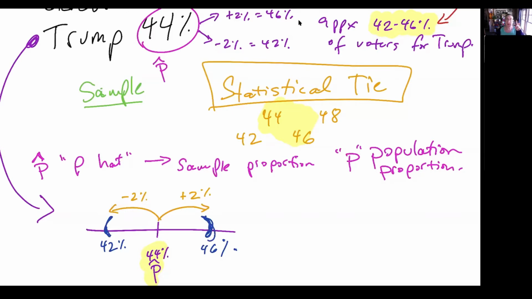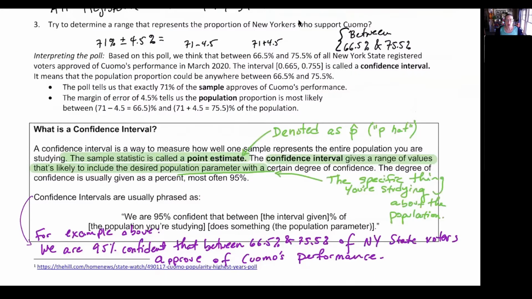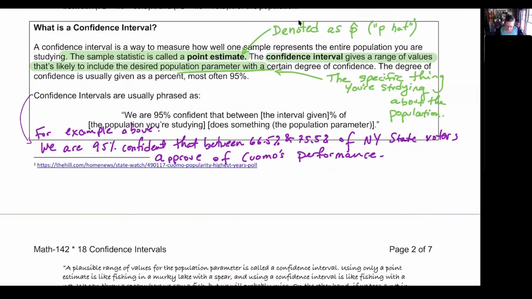Based on this one poll, we can be 95% confident that, of all the likely voters in the US, about 42 to 46% of the population was going to vote for Trump. Again, I just made up these numbers, folks, to illustrate what information you've been seeing. So let's go back to here. We like to translate the confidence interval we find with this sentence: we are 95% confident that between blank percent and blank percent of the population you're studying does something.